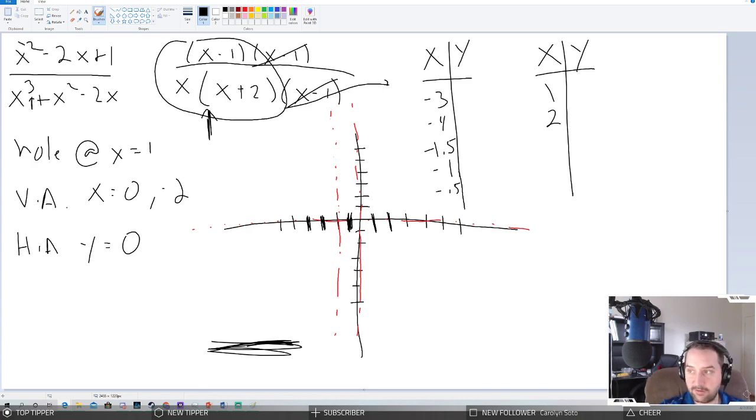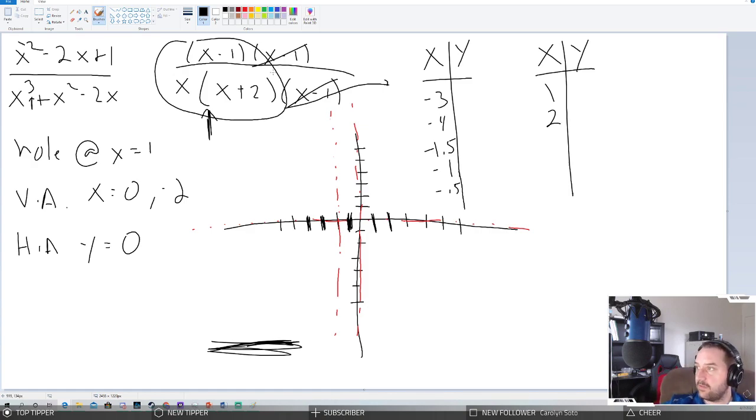And then we can look at the graph afterwards. But all you'd have to do is take each value and plug it into your calculator. So I said negative 3, negative 4, negative 1.5, negative 1, negative 0.5, 1, and 2.